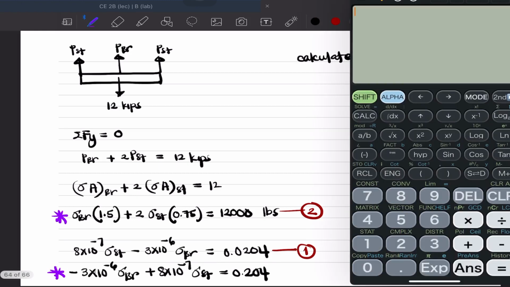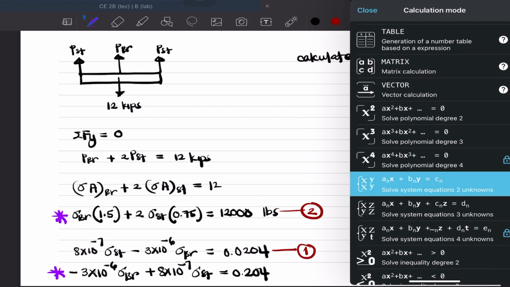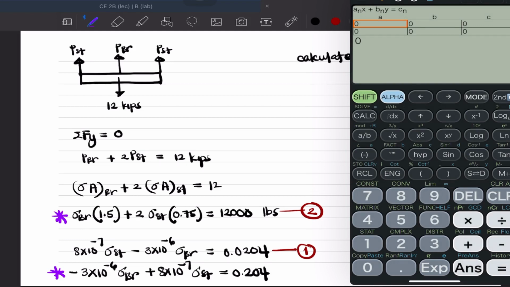So, using your calculator, sa ato mo sa mode 5 tapos 1 for solving two equations, two unknowns. Dere, mode, tapos nara. Solve system, two equations, two unknowns. So, ang A1 nato, 1.5. Okay, 1.5. 2 times 0.75, 12,000.